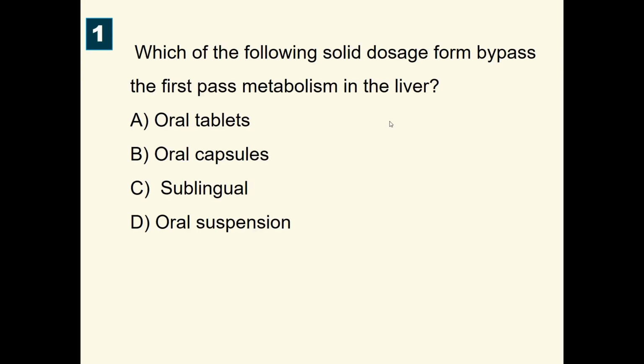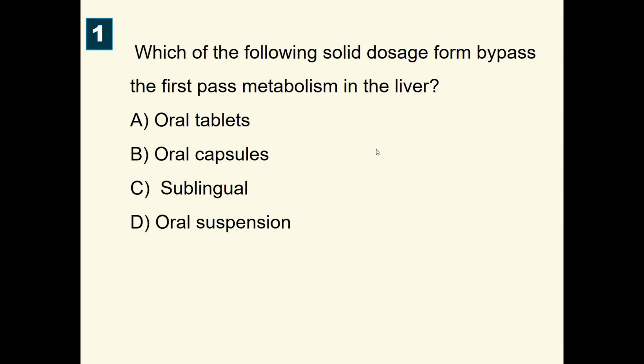The next part, I would like to continue with mock exam style questions for the Pharmacy Technician Certification Board exam from the drug dosage forms. So let's start. Which of the following solid dosage forms bypass the first pass metabolism in the liver? A. Oral tablets.